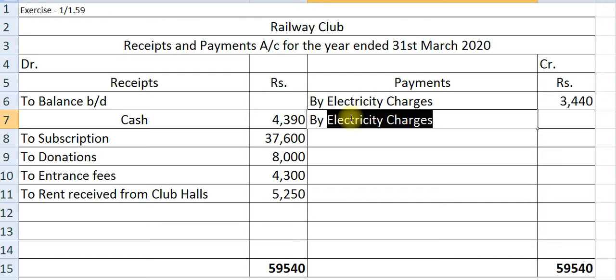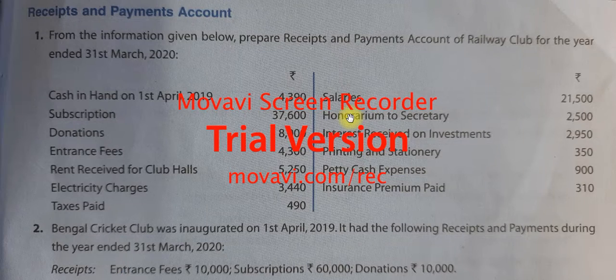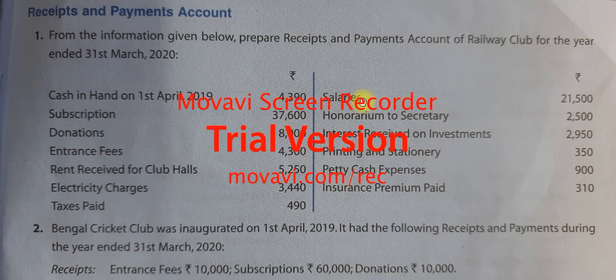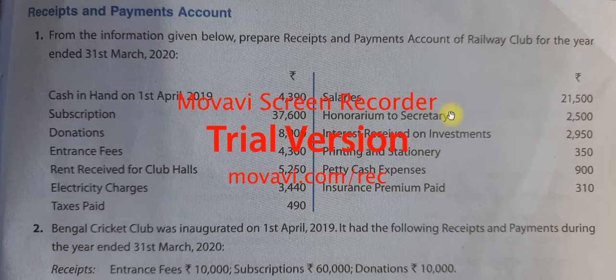By taxes paid. How much? 490. Next, salaries, payment. Salaries, payment, 21,500. Next, honorarium to secretary.